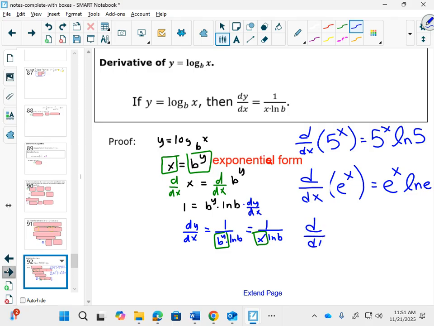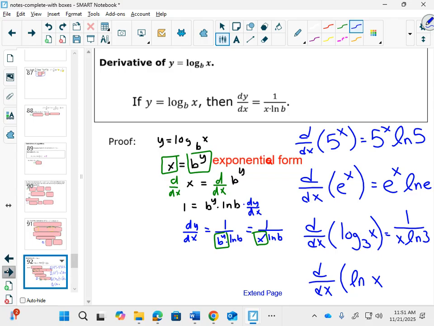We have just learned, could we use this rule for a base of e?